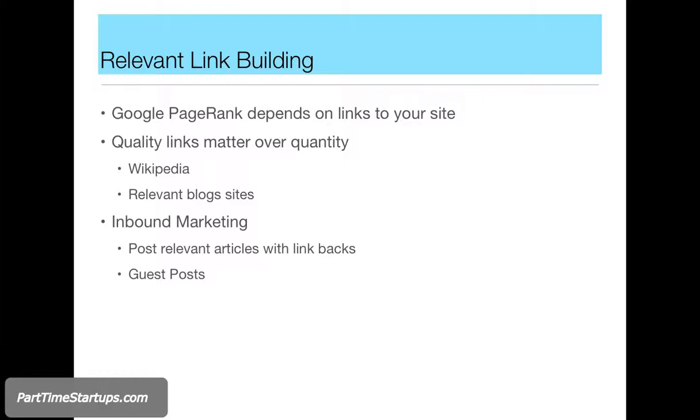And there is another concept called inbound marketing. It's the same as getting links to my website from other websites. If you have good content, you can post it on different blog sites, and it helps in two ways.